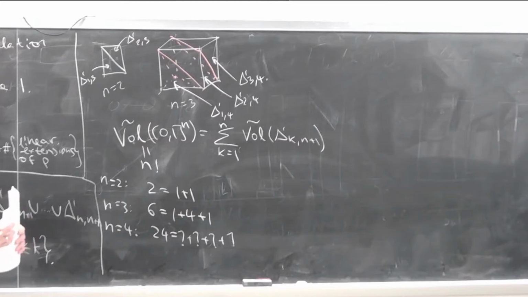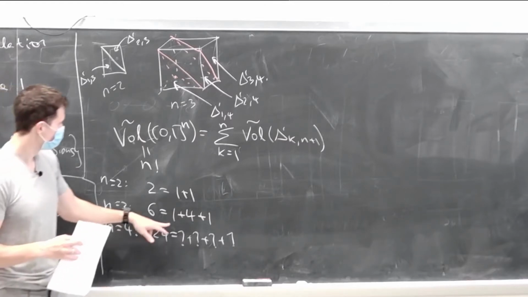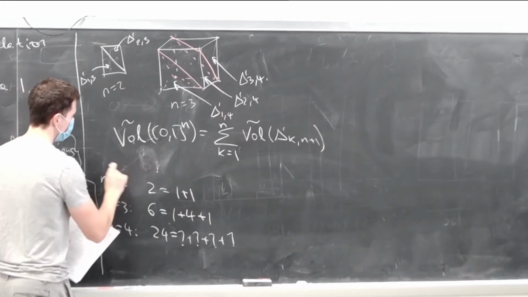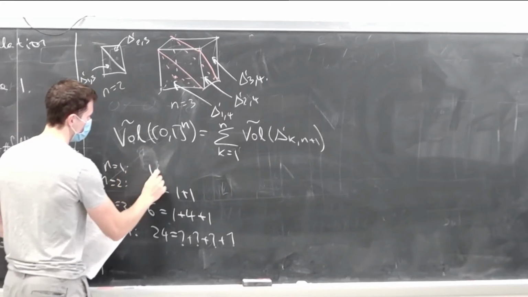Nice, yes. It's a natural conjecture, because we've seen these numbers. For n equals 1, I get 1 equals 1.